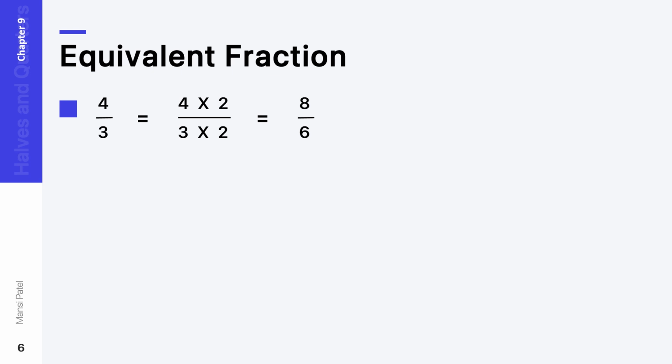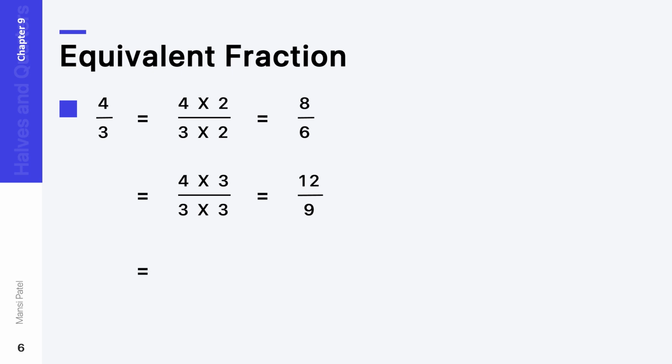Now if you want to multiply by any other number, you can. In the second step, we multiply by 3: 4 multiplied by 3 and 3 multiplied by 3. So 4 3s are 12 and 3 3s are 9. This is another equivalent fraction of 4 upon 3, and in the end the value of all these numbers is the same.